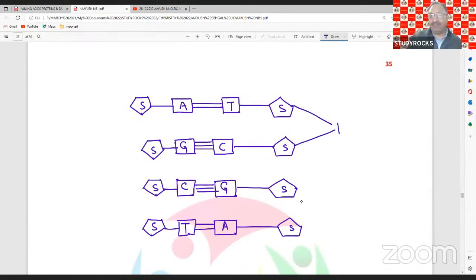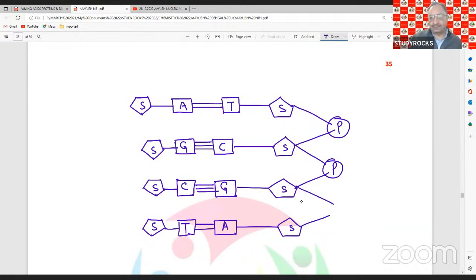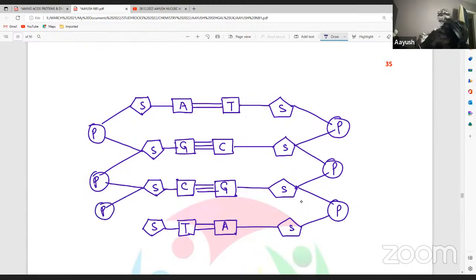Then join them with common phosphorus, like this. Is it okay? Similarly, on this side, like this.